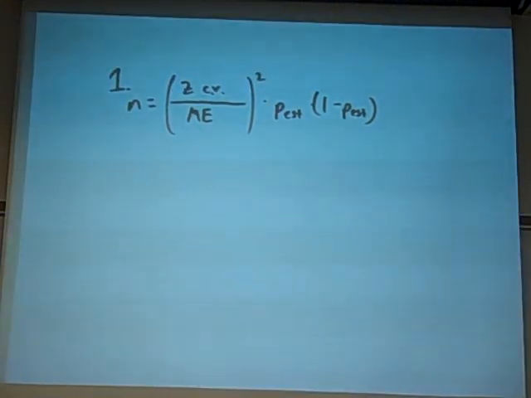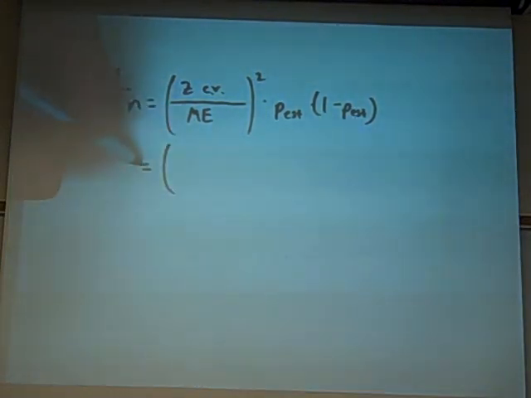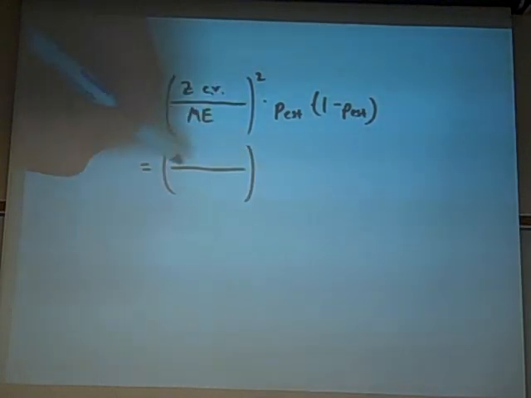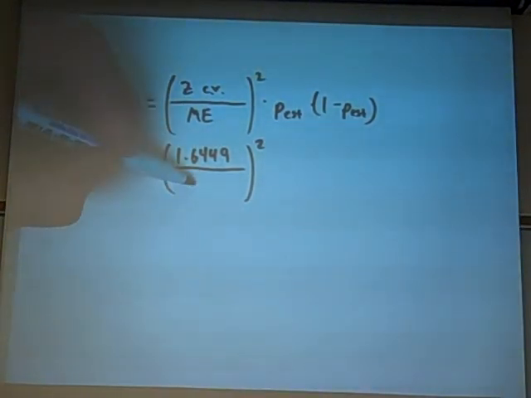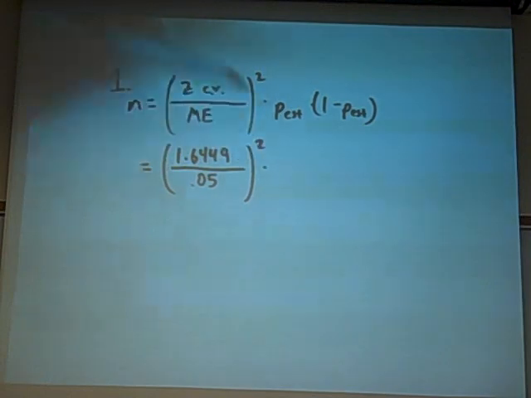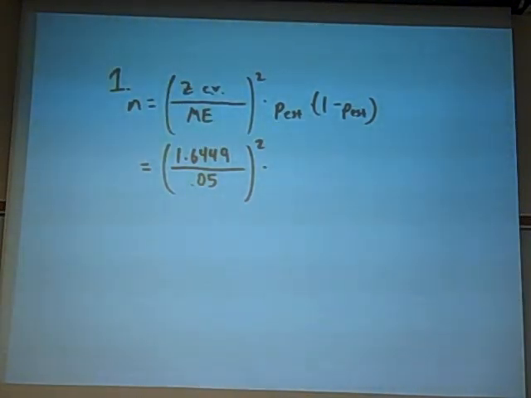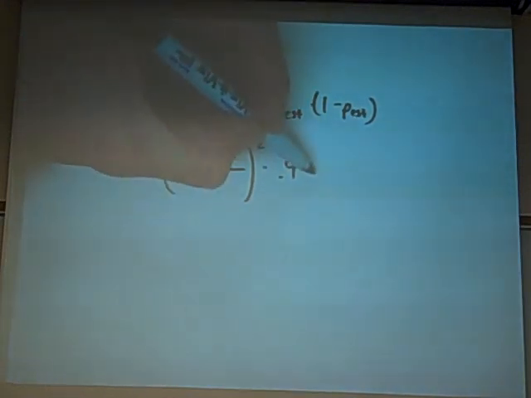So I'll take the z critical value, divide by the margin of error, square it, and multiply that by p-hat times 1 minus p-hat, right? If we're doing 90% confidence, what is the z critical value going to be? 1.6449. The margin of error we said was what? 0.05. The p-hat? 0.9. So if she has some notion, we'll just use it.